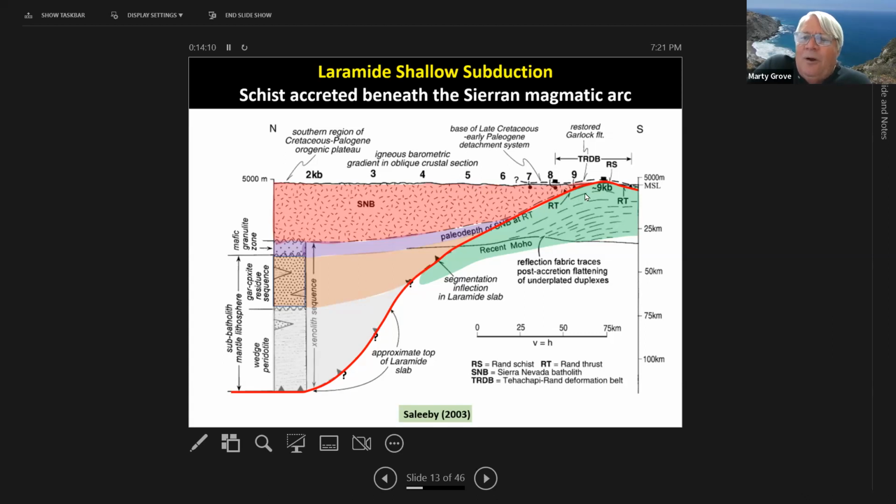Directly underneath these rocks, we find a metamorphosed sediment.